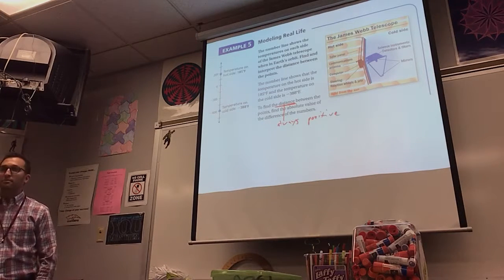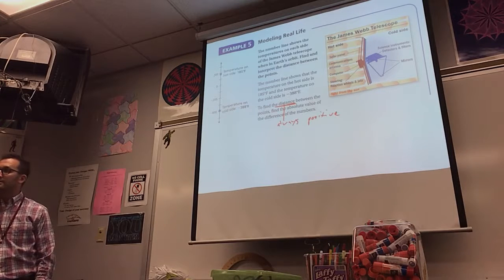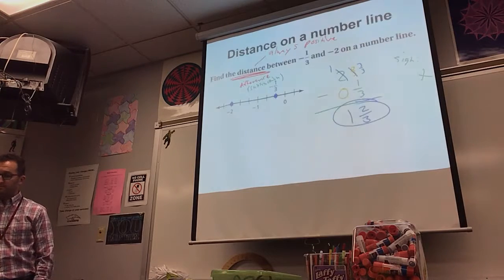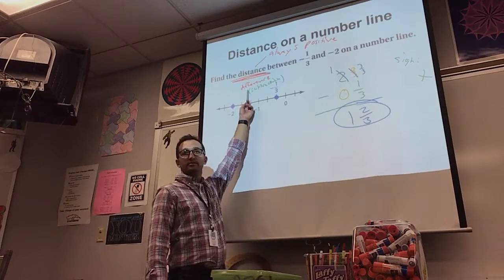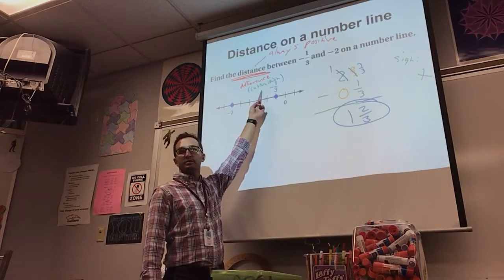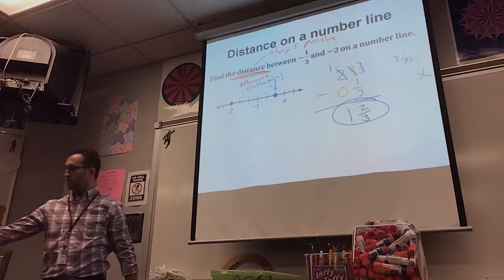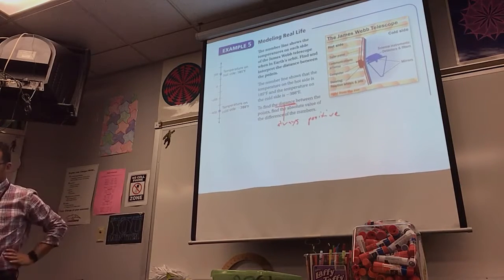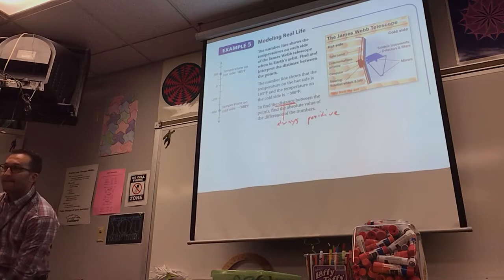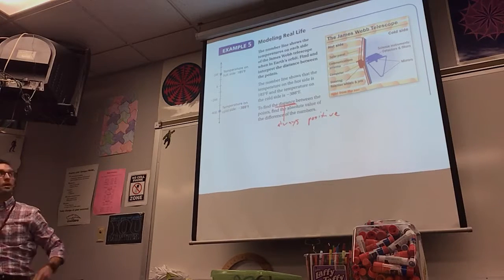So how would I set this problem up? What is distance? How do we find the difference between two numbers? So what should I do? Subtract what? What do I subtract on this problem?